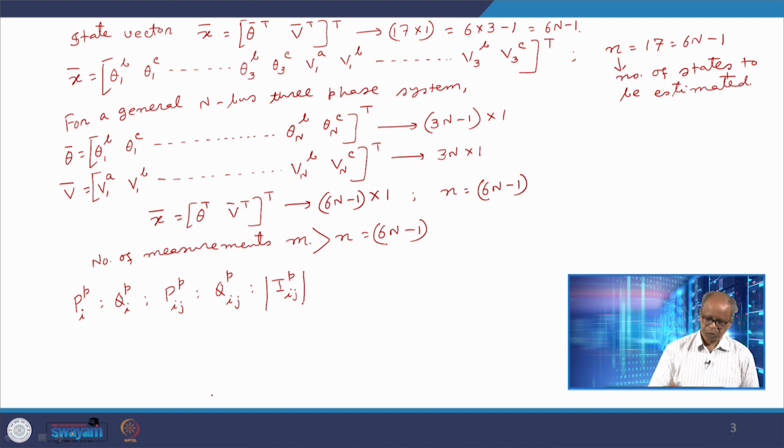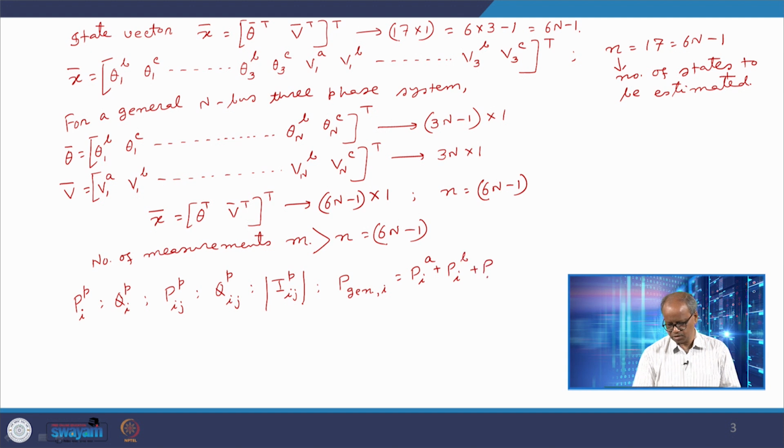Sometimes this also could be P generator, where P generator means the sum total of P generator I. So it is nothing but PIP plus PIA plus PIB plus PIC.